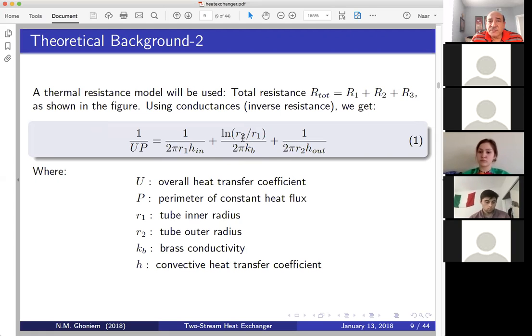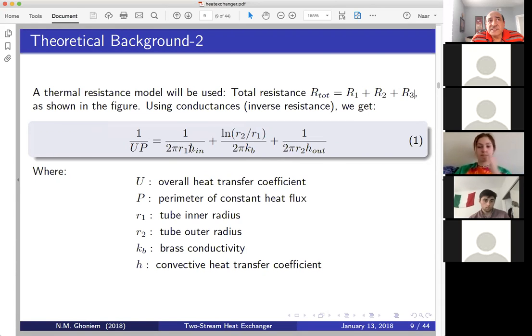And from heat transfer theory, for conduction through an axial cylinder, we know that the conductance is 2 pi K over natural log of R2 over R1. Then on the outside, in the boundary layer, we treat it exactly the same as the inner boundary layer.